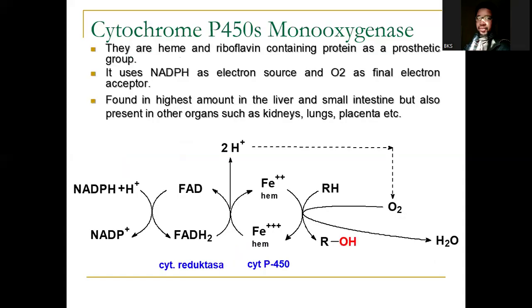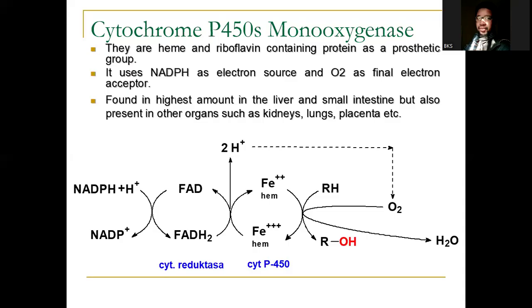So we'll briefly also see the mechanism. The enzyme, like we said, is a hemoprotein and at the same time a flavoprotein. It contains a flavin nucleotide in the form of flavin adenine dinucleotide, and it also contains a heme group with iron, from the prosthetic group.